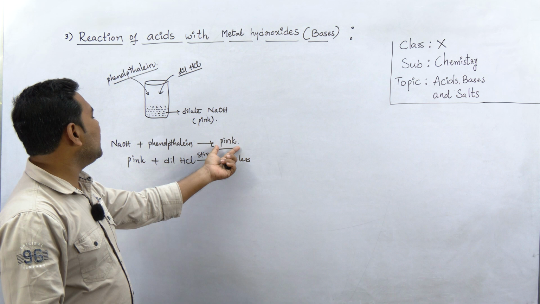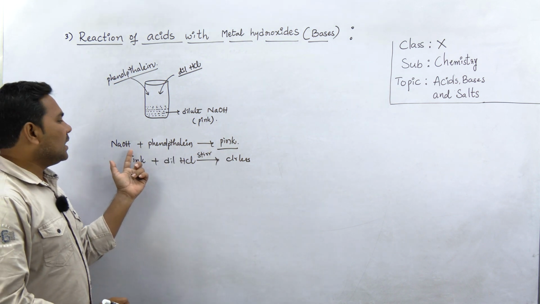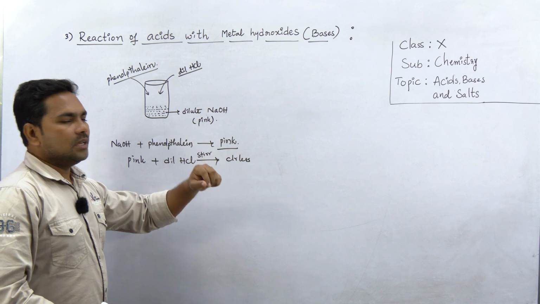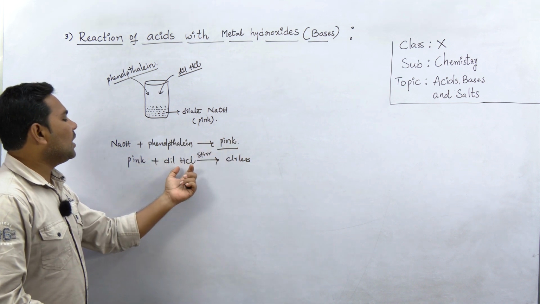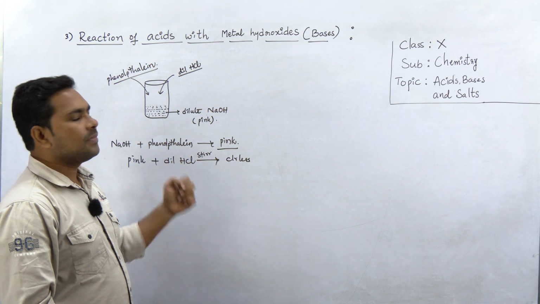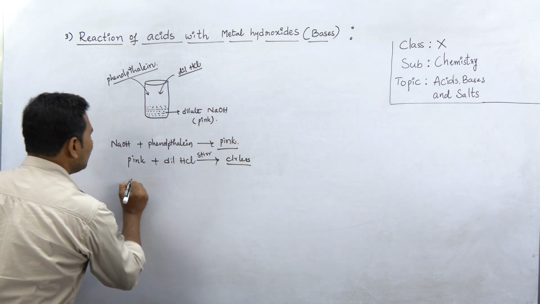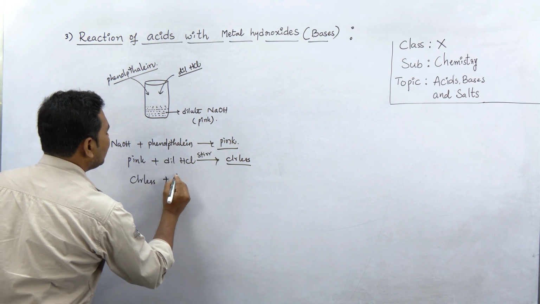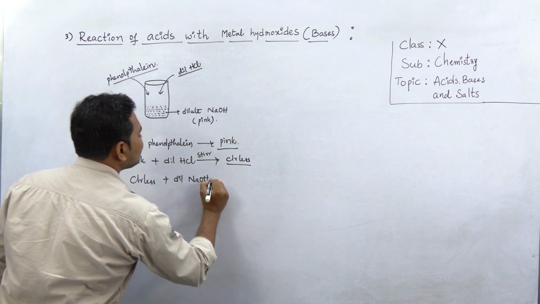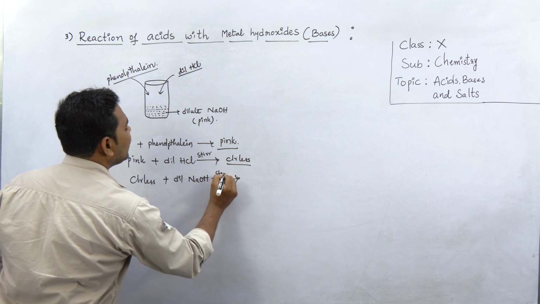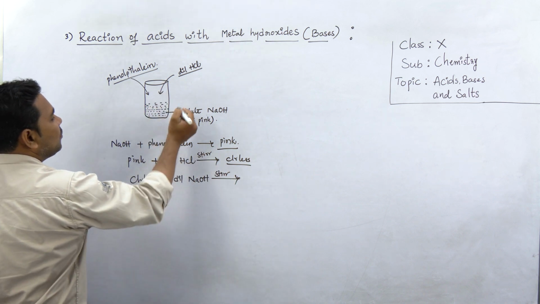Because the pink color, obtained because of the basic nature of sodium hydroxide, is removed. The basic nature of NaOH is cancelled when acid is added to this pink solution.